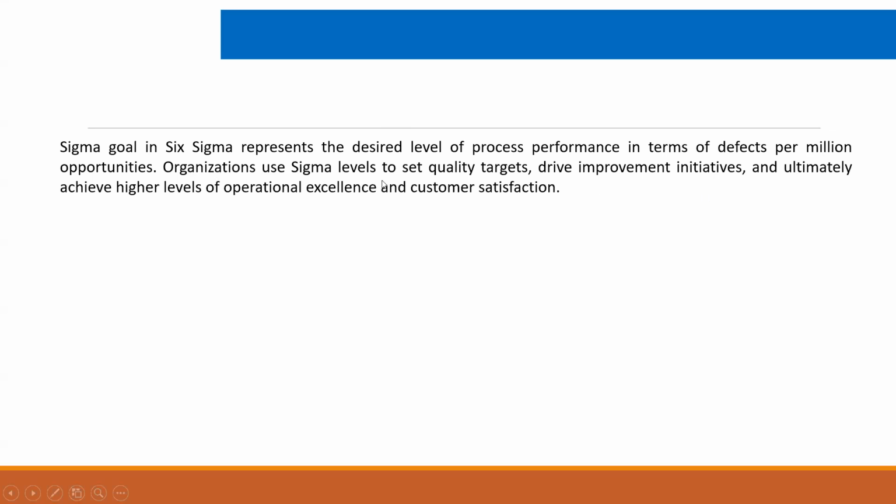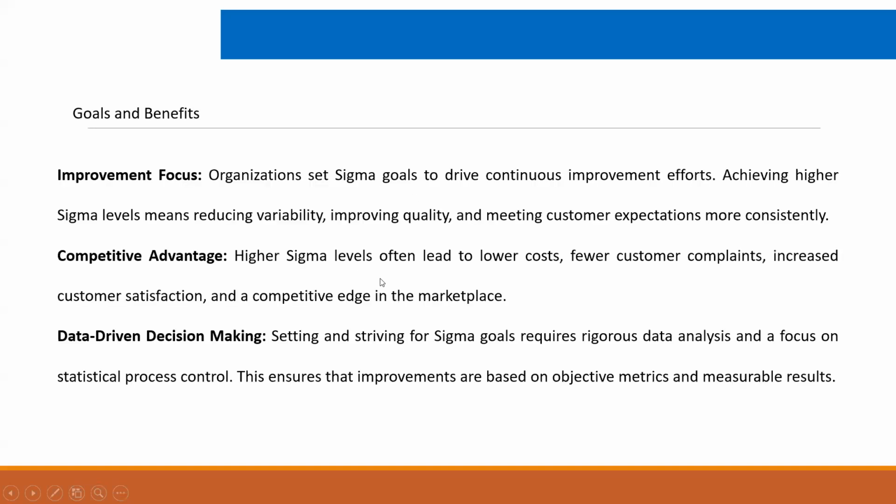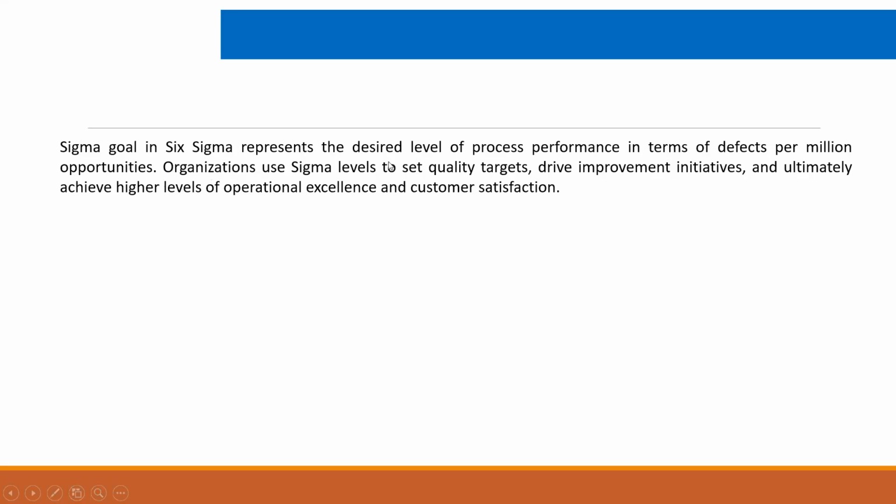Organizations use Six Sigma levels to set quality targets, drive improvement initiatives, and ultimately achieve a higher level of operational excellence and customer satisfaction. So whatever we have learned till now, this is the summary of Six Sigma, what it represents. Clear? Okay.